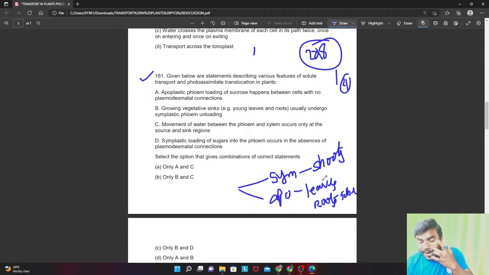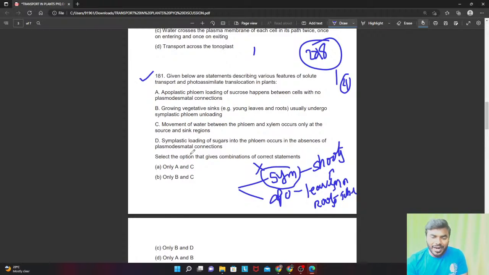But I want you to understand, in the case of unloading, even leaves, roots and tubers also follow symplastic unloading. Suppose, for example, plasmodesmata connection is not available.